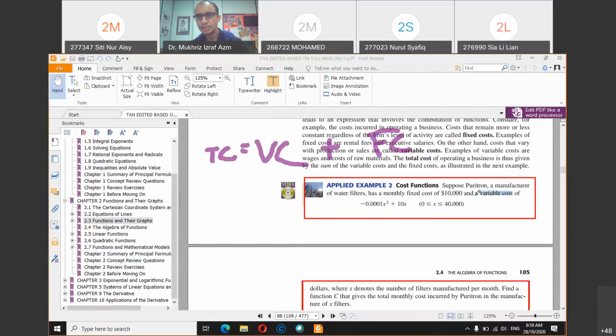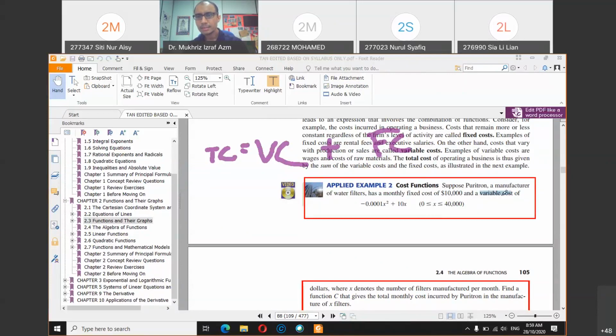And you're going to see this concept repeated in your microeconomics subject or principles of economics. So this is very relevant to you. You have a separate fixed cost value of 10,000. Here you can see that the value is a constant, and that's why it's called fixed cost. Variable cost, the value can change, that's why it's called variable cost.